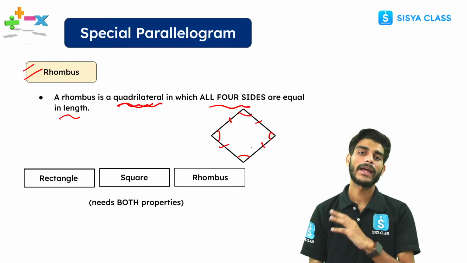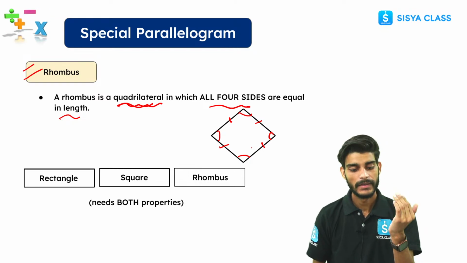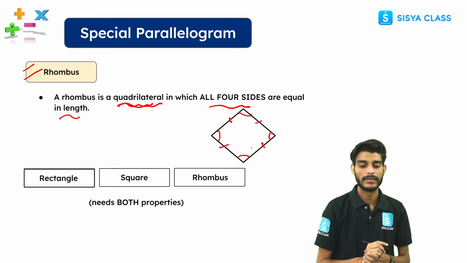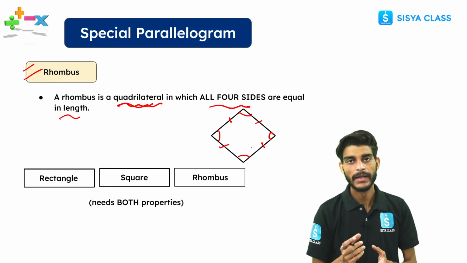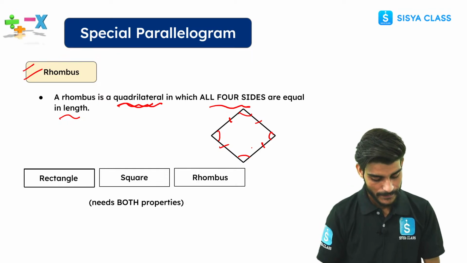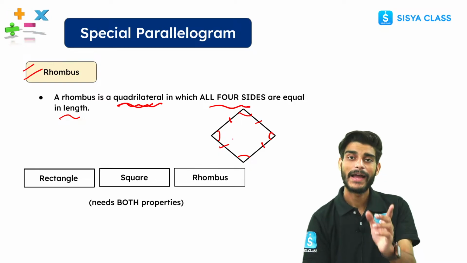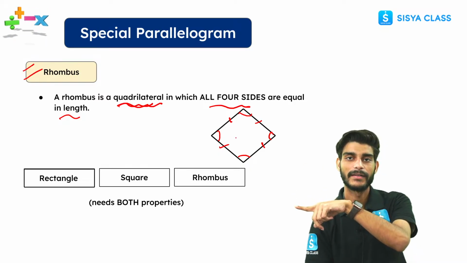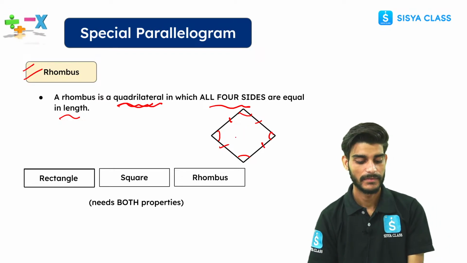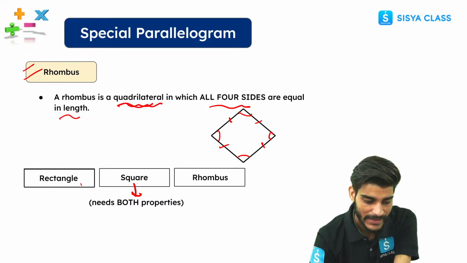So if all four sides are equal, it could be a square or it could be a rhombus. But if the angle between the sides equals 90 degrees, it will be a square. So there is some additional condition in square, right? Here there is no condition on angles, but in square there are some conditions. That's why I told you a square satisfies some properties of rectangle.